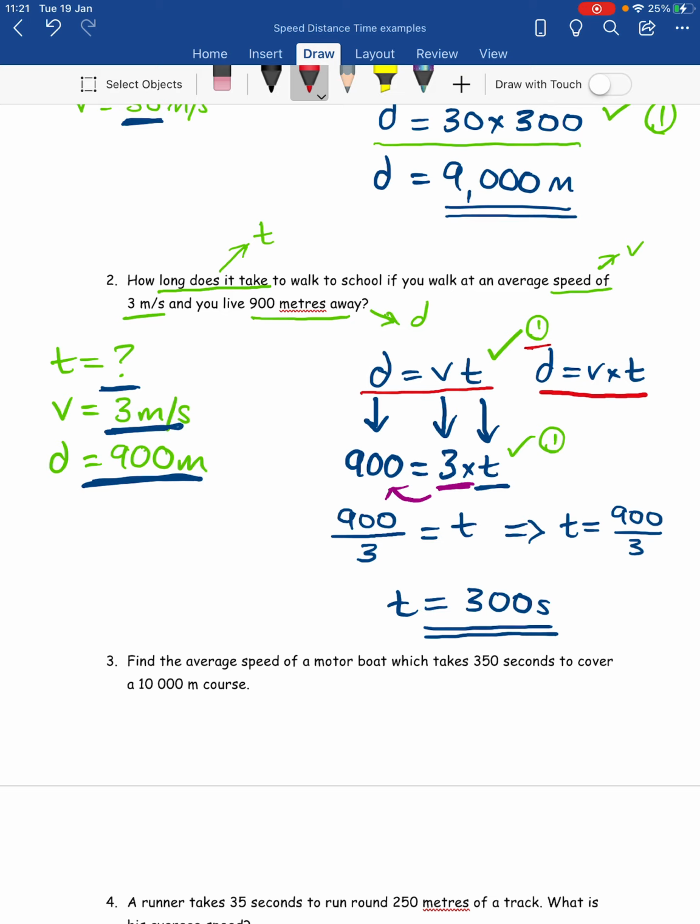You then replace the letters with the numbers that you've listed on the left. And that gets you the 2nd mark without having to do anything else. And remember, the equations are all listed on the equation sheet. You do not have to memorise equations in physics. You're always given a list of all the equations that you have to use.